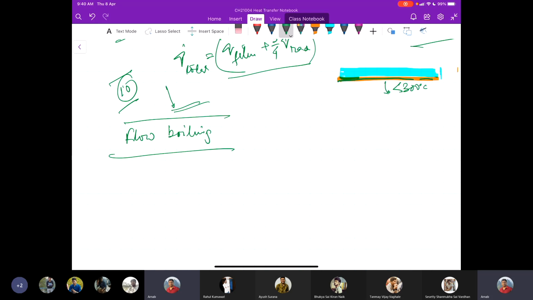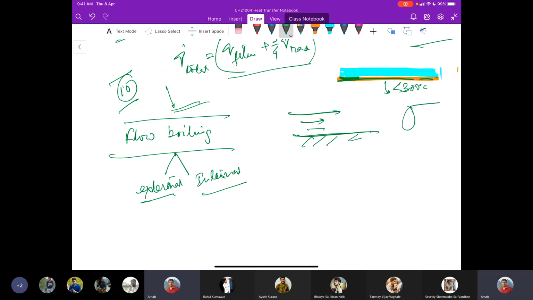So this means it is a combination of forced convection plus pool boiling. This flow boiling can also be categorized as external and internal, like external and internal flows. Which means whether the fluid is forced to flow over a heated surface, that is the external flow, or it is forced to flow inside a pipe with phase change, that is internal flow boiling.